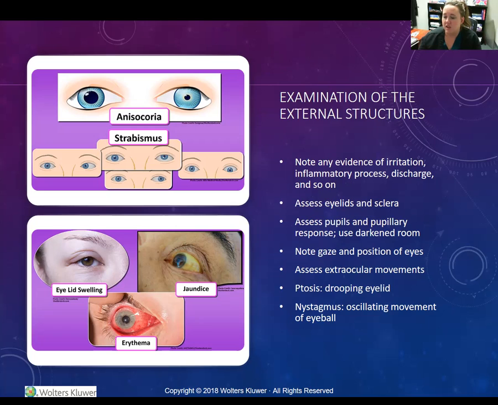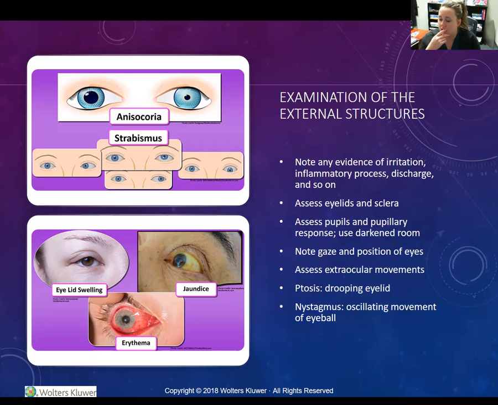And then when we're testing accommodation, we want the lights to be normal and have the patient look at a distant object to dilate the pupil, and then have them stare at the pin light slowly and move it closer to the patient's nose. And the pupil response should constrict and equally move to cross. So that's how we check accommodation, right? Okay. Look for strabismus. Strabismus is, does the eye line up with one another?